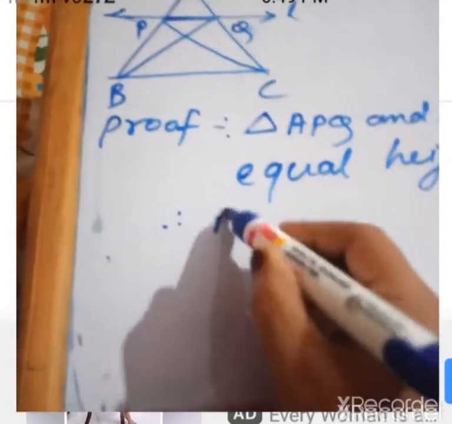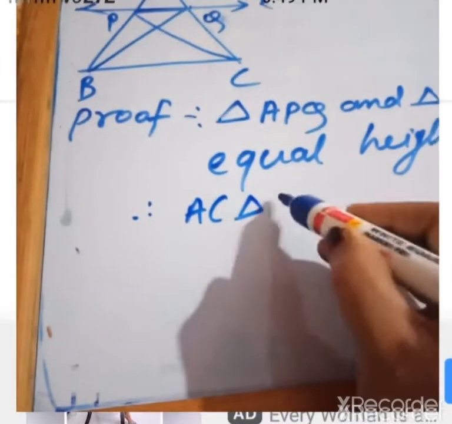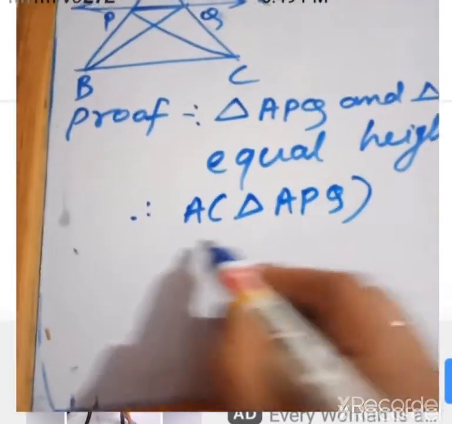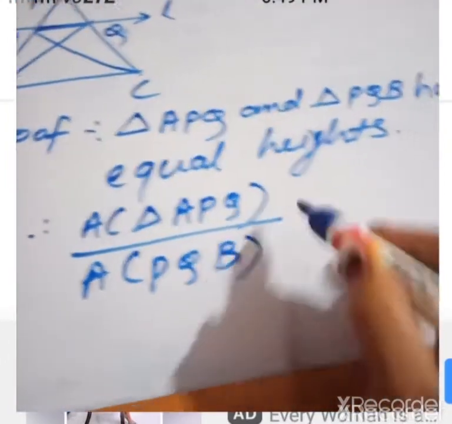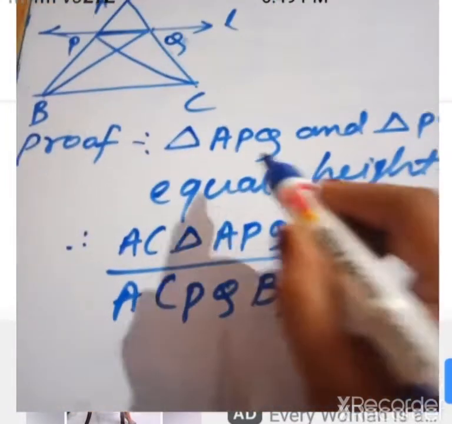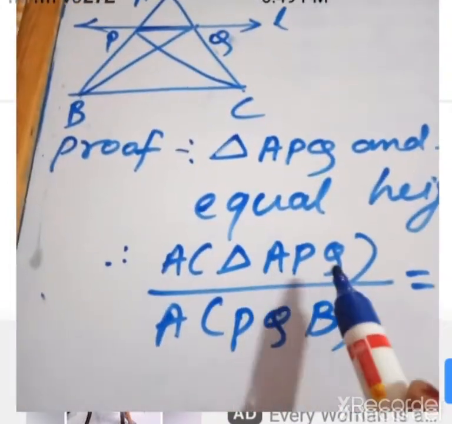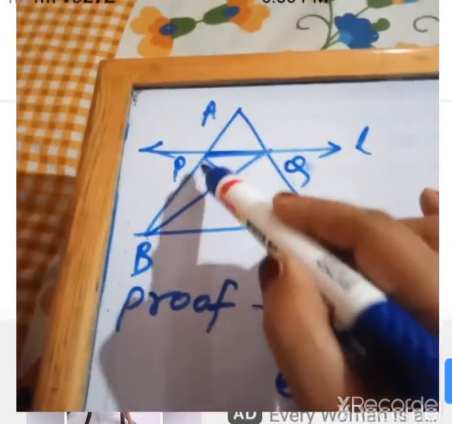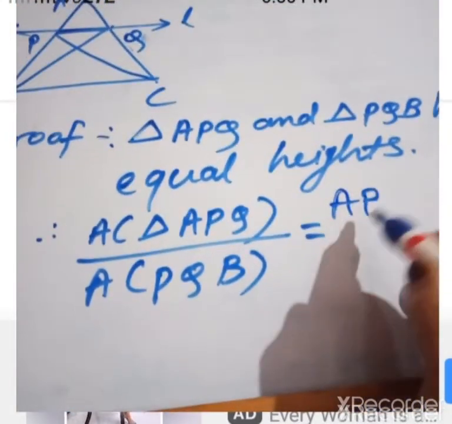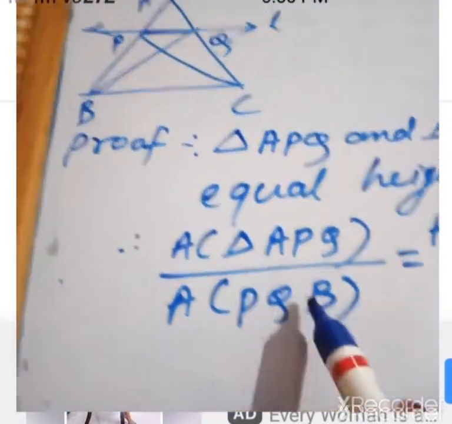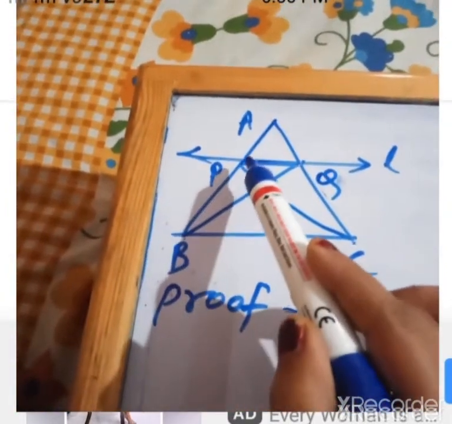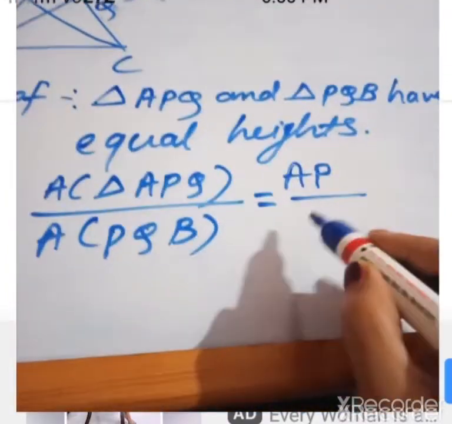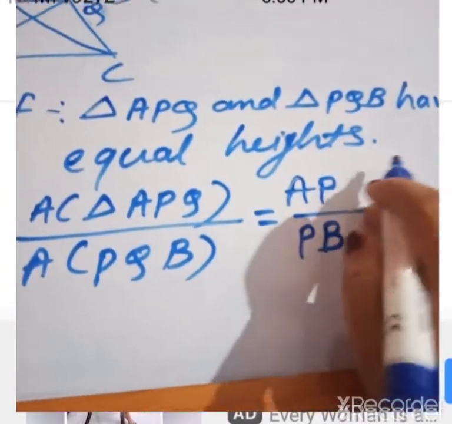Therefore, write area of triangle APQ upon area of triangle PQB is equal to, the height being equal, the base of APQ, which is side AP, and for triangle PQB the base is PB.